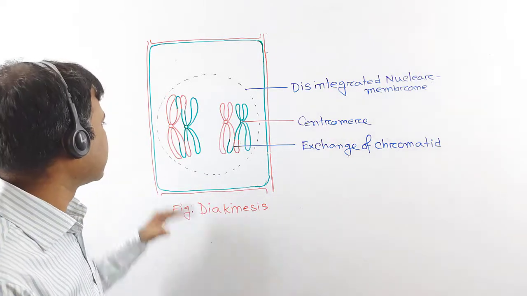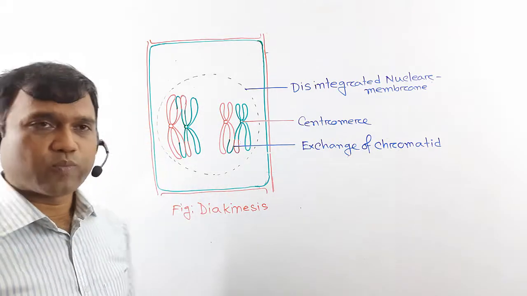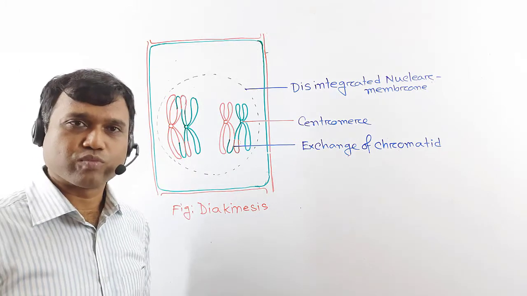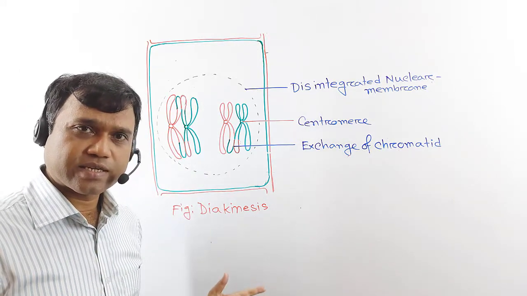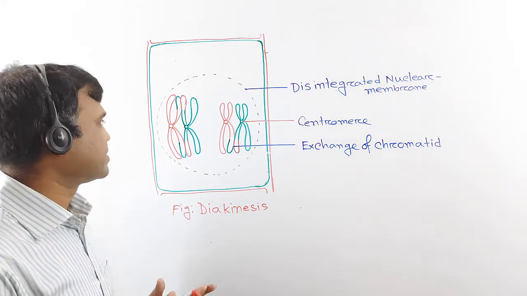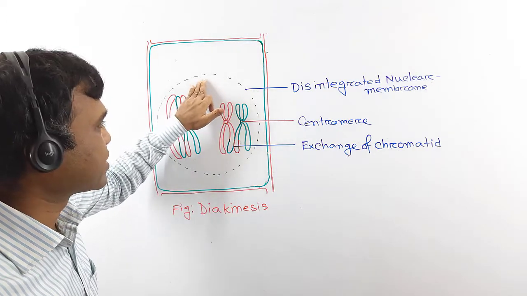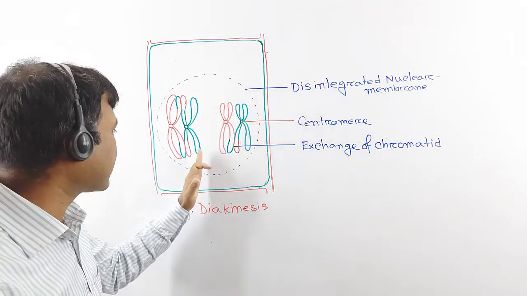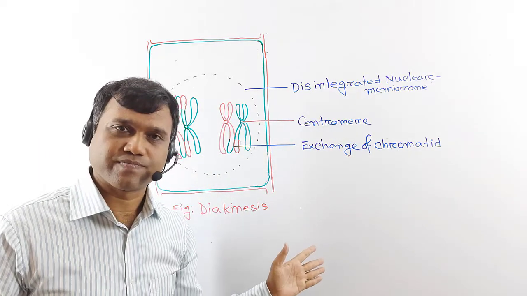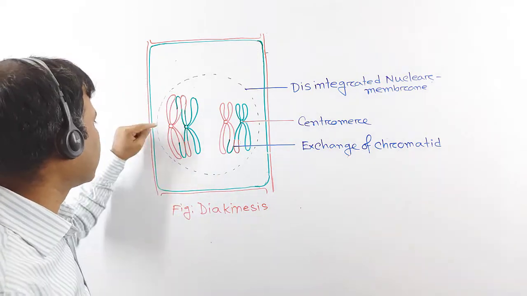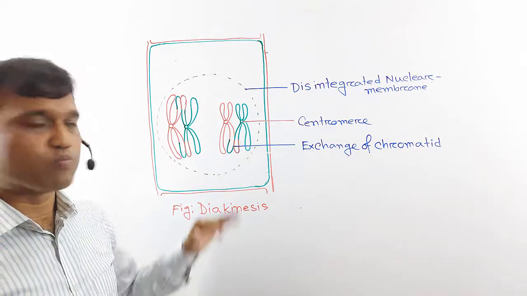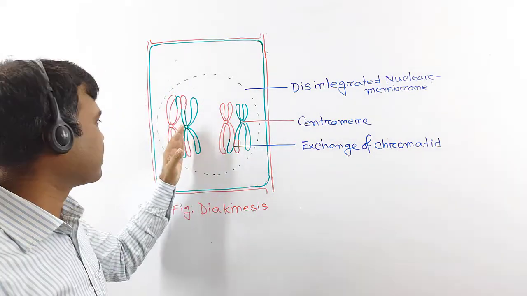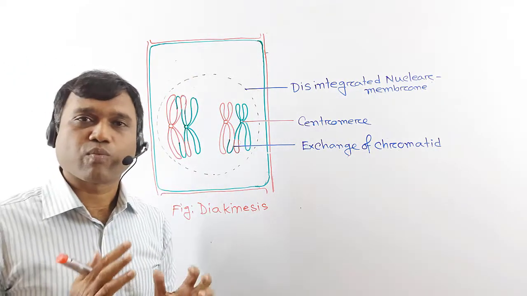Next point, by absorbing the matrix, the chromatids of the chromosome disintegrate, the nuclear membrane is going to disappear, and the nucleolus totally disappears. And the centromere of the bivalent moves towards the polar region.